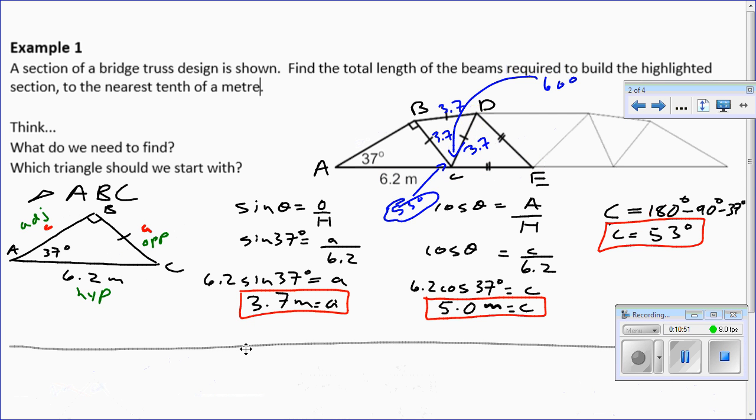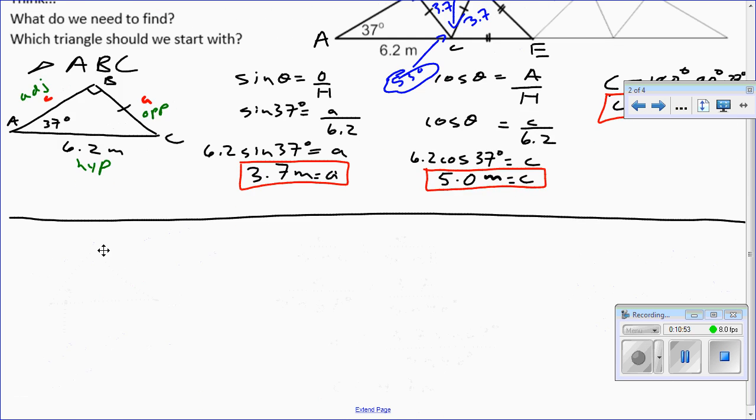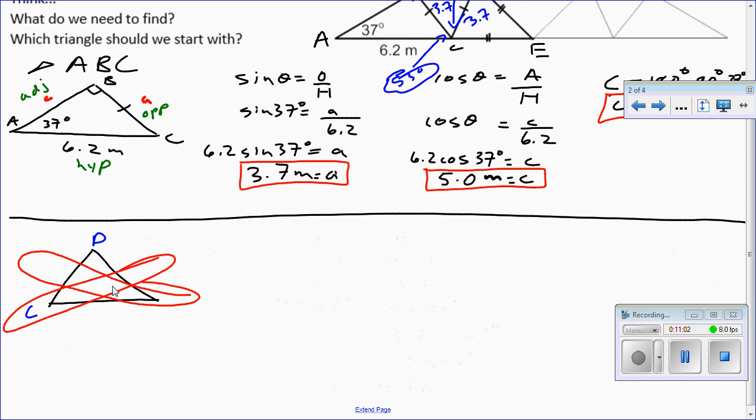So now let's do some calculations. If I take a look at the triangle that we have here, it's D, C, and I do believe it's E here. You'll notice that we could use the sine law here, right?